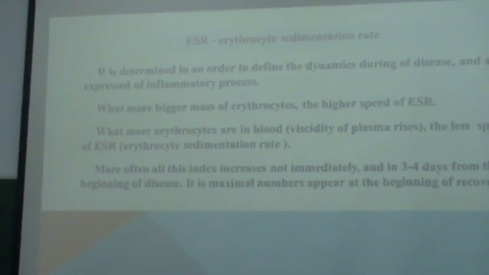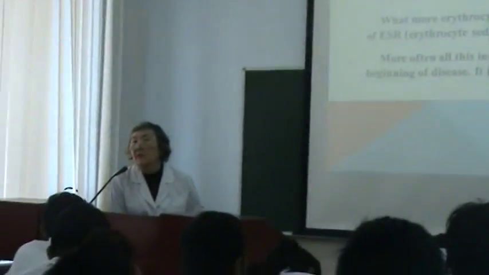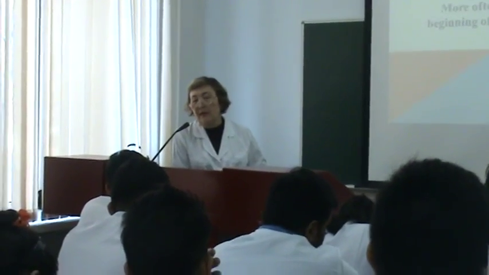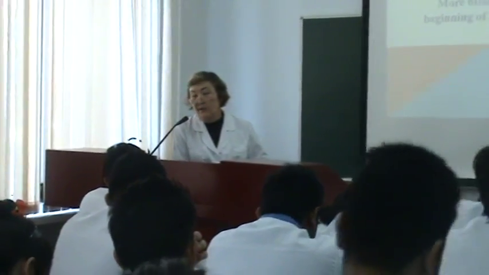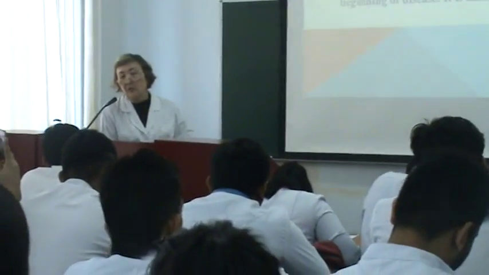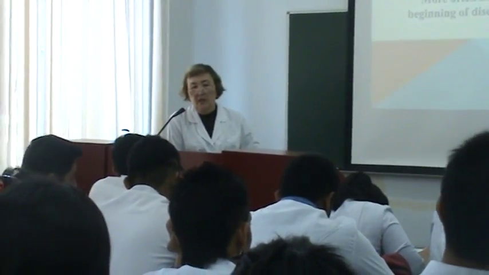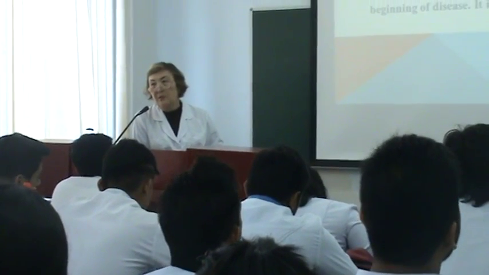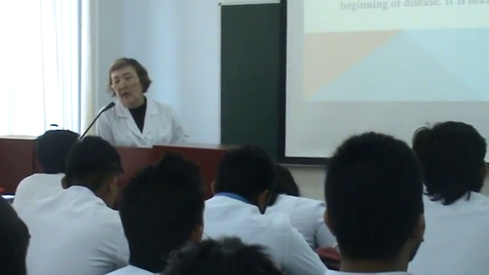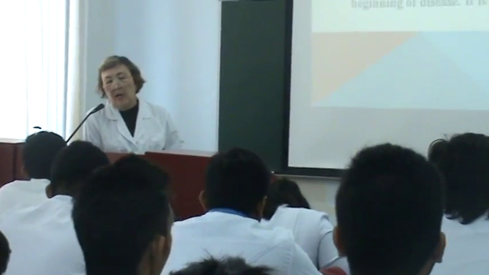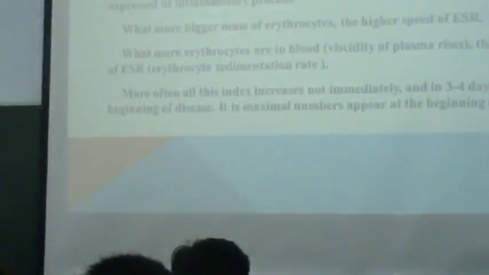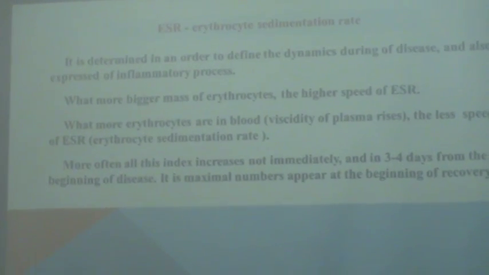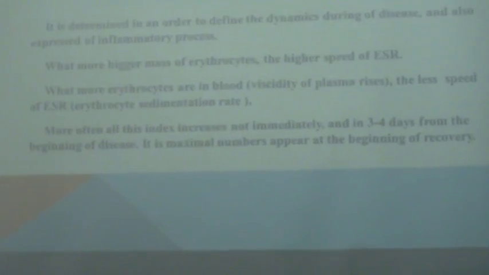Erythrocyte sedimentation rate. This is an important parameter. It is determined in order to define the dynamics during disease and also expresses the inflammatory process. The bigger the mass of erythrocytes, the higher the speed of ESR. The more erythrocytes are in blood, the less the speed of erythrocyte sedimentation rate.